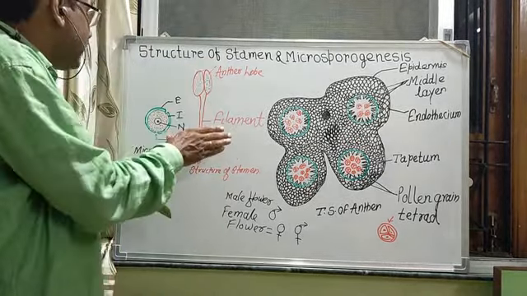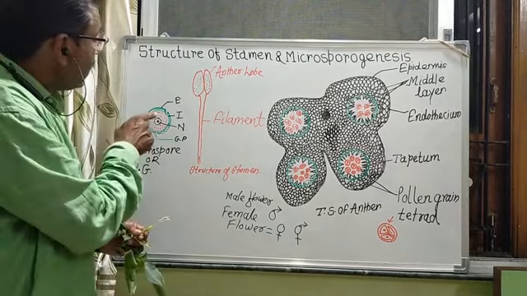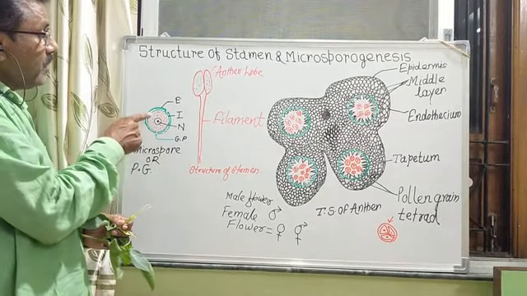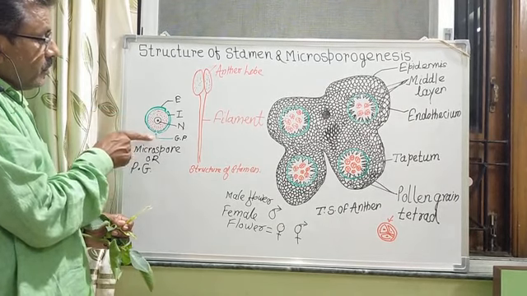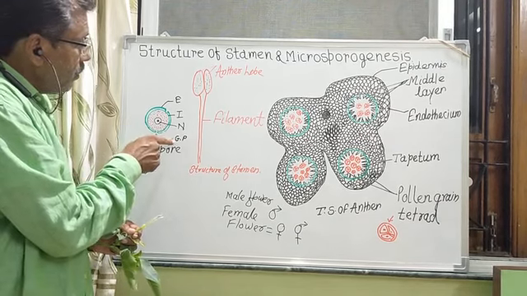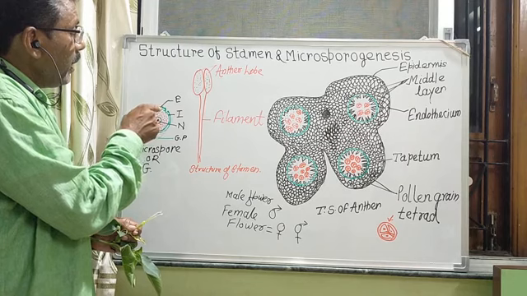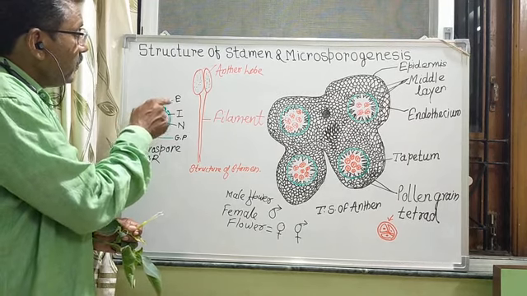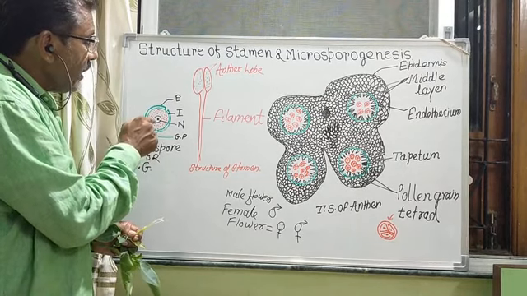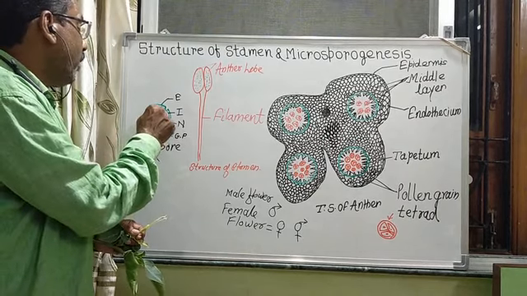In today's lecture, here you see a single pollen grain. Here E represents the exine, I is the intine layer, and in the center there is a nucleus and a groove for rupturing.